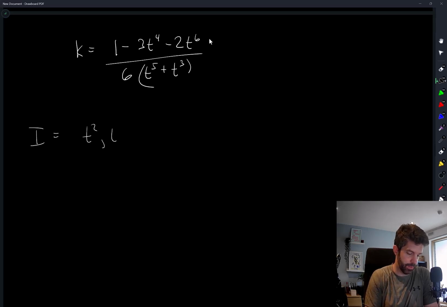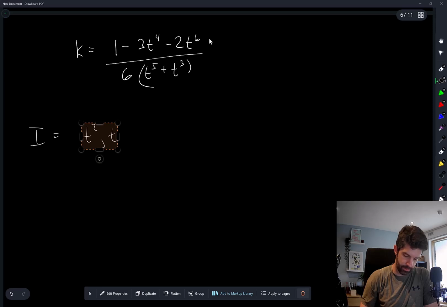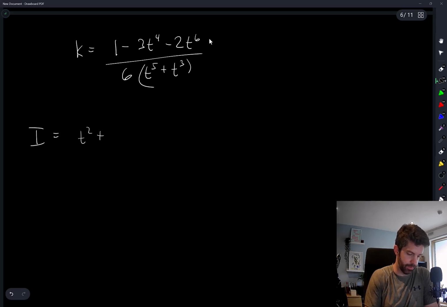It's going to be t squared plus 2kt, t cubed plus 3t squared k.